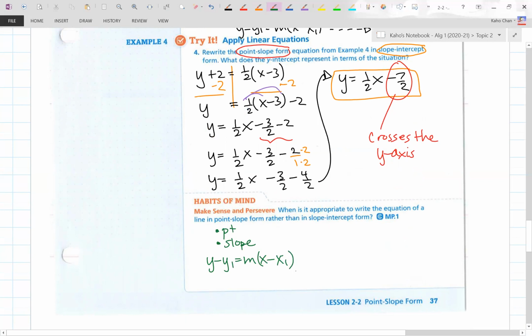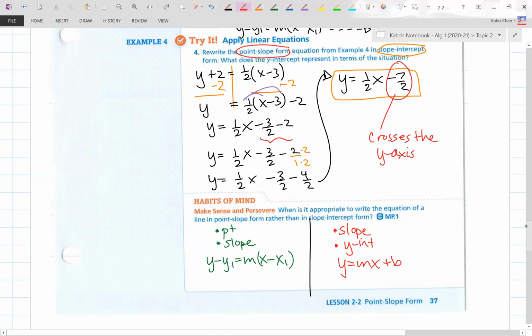If you're given a slope and the y-intercept, you use what you did the previous section, slope-intercept form. Good job. All right, let's move on to the last page.